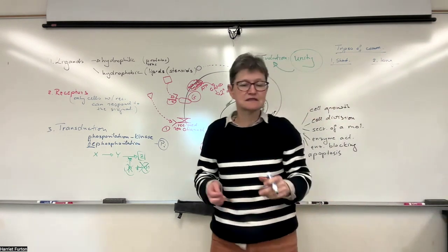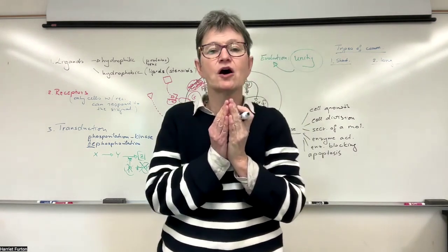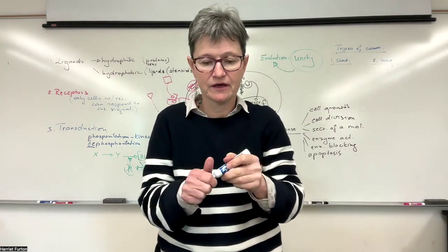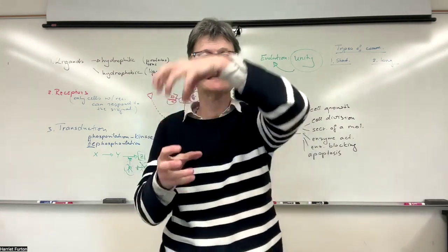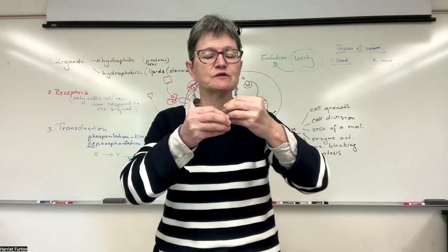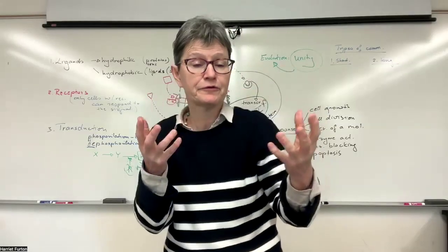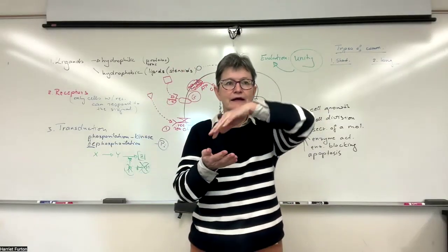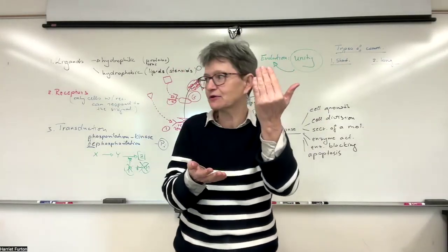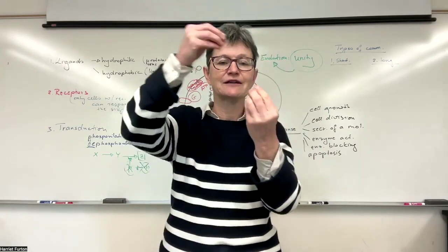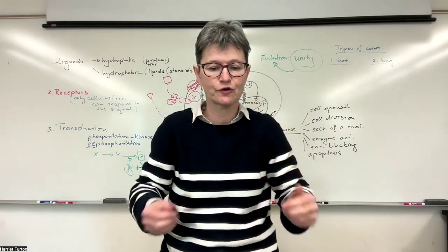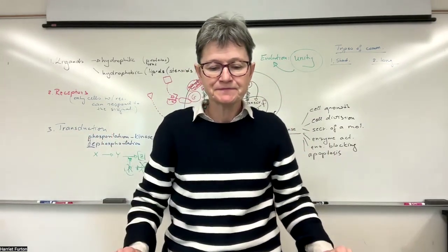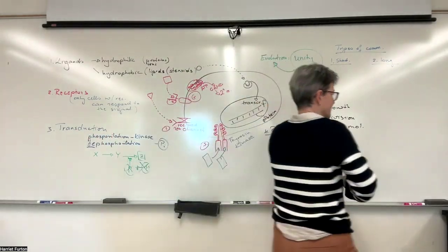The short distance communication can be autocrine communication. Autocrine, that means the cell produces a growth hormone and will have a receptor for that growth hormone, so it induces itself to grow like cancer cells. So this is the autocrine.